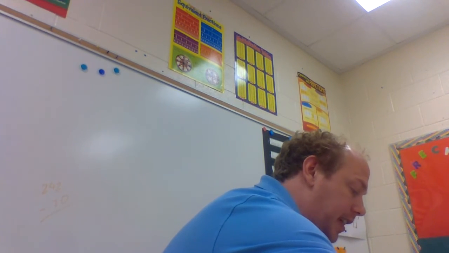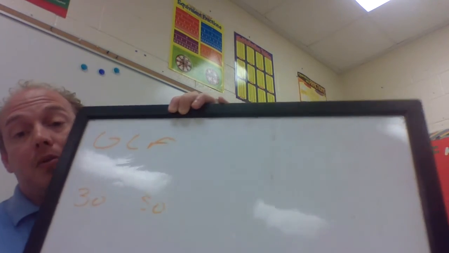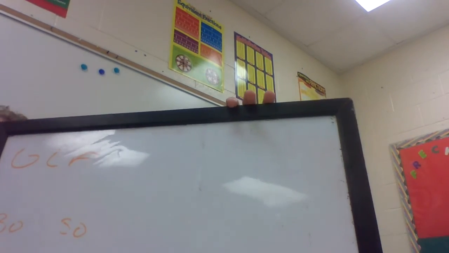Got rid of my GCF, I didn't need to. All right, so now you do one. 30 and 50. Now these numbers are a little bit bigger, but remember your divisibility rules. It'll help you greatly.